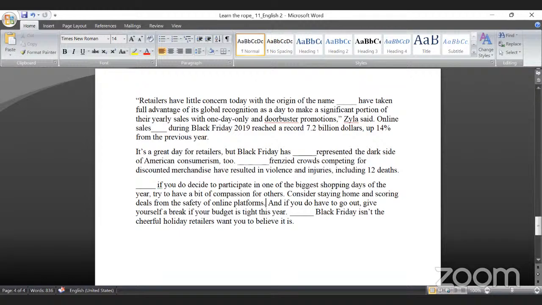After all, you can use the expression after all. Okay. After all, Black Friday isn't the cheerful holiday retailers want you to believe it is. Right. So this is again a prepositional phrase, right? So you can use prepositional phrases or adverbs of various kinds in order to connect between and within sentences.